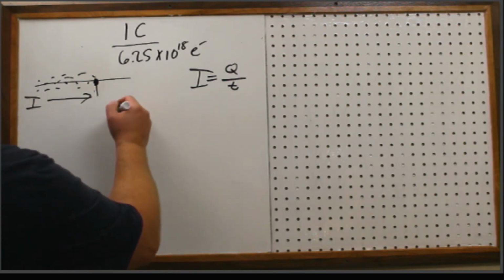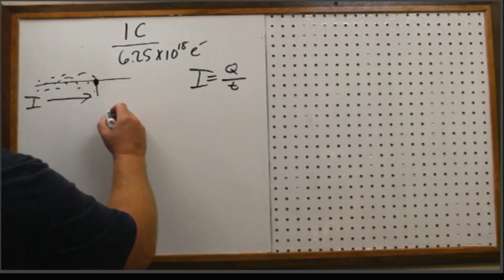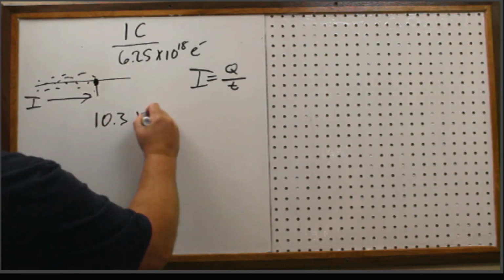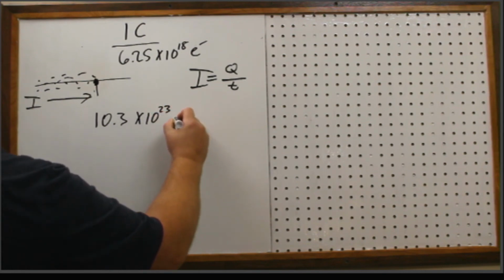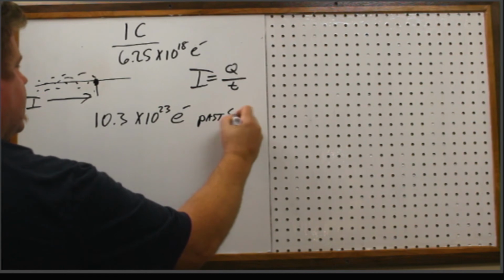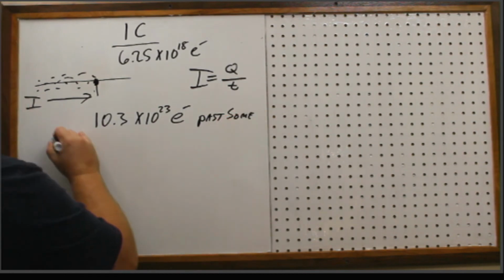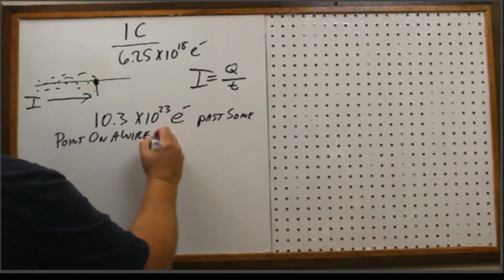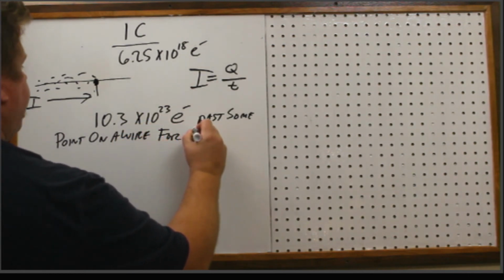So if I said I have, I don't know, let's do 10.3 times 10 to the 23rd electrons past some point on a wire for, I don't know, 5 seconds.